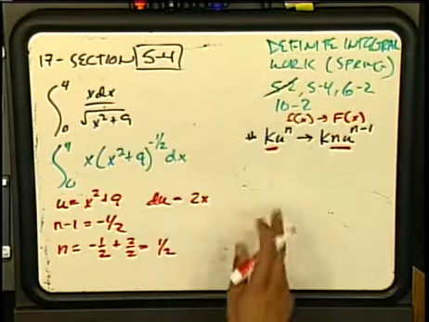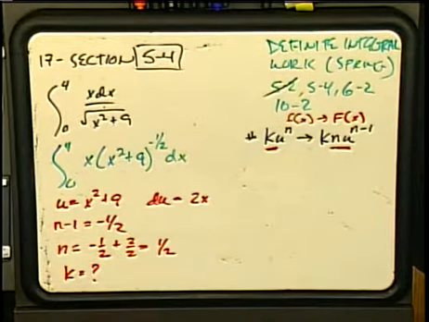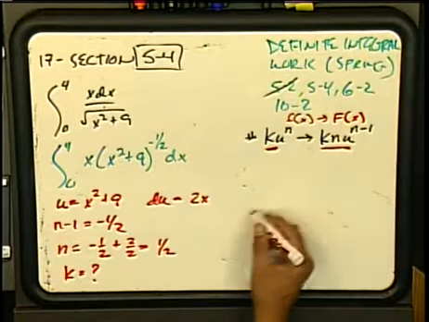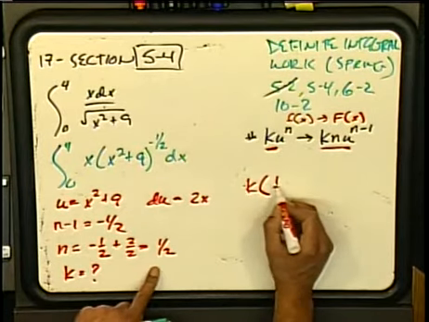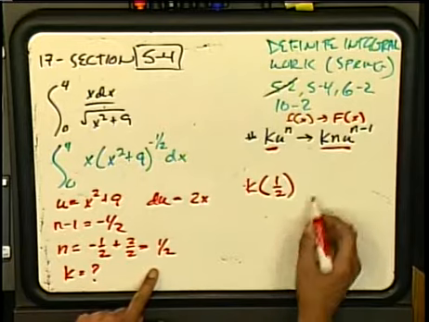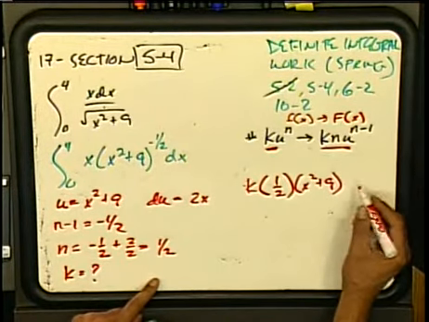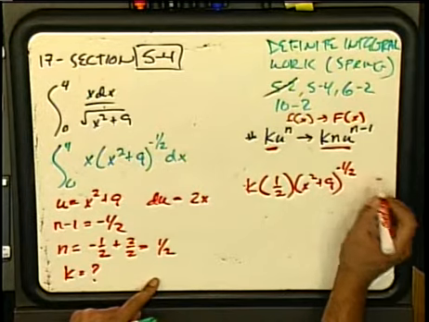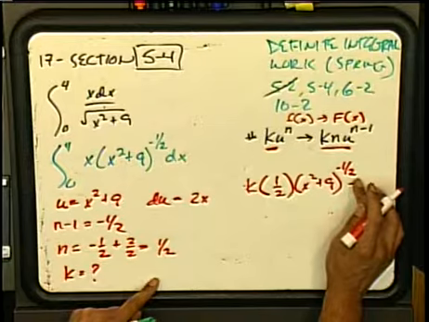That's it. So we're looking for k. Write it like this: k, n equals 1/2, u equals x squared plus 9, n minus 1 equals negative 1/2.